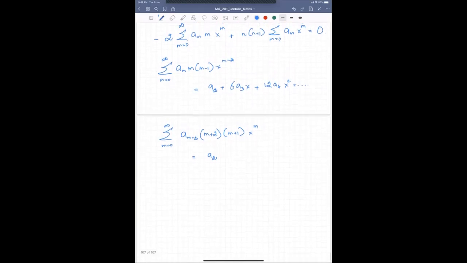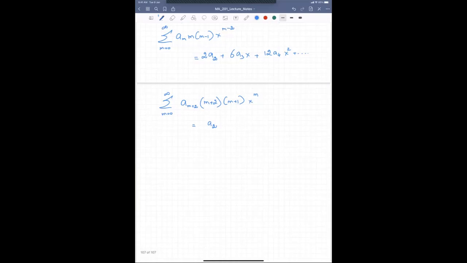Wait a second, it doesn't really match, does it? Oh, here I should also have a 2. Because if I put m equals 2, I get 2 times 2 minus 1, which is 2. So here, if I put m equals 0, I get 2 times 1, which is 2, right? If I put m equals 1, I get a3. 2 plus 1 is 3, 1 plus 1 is 2.